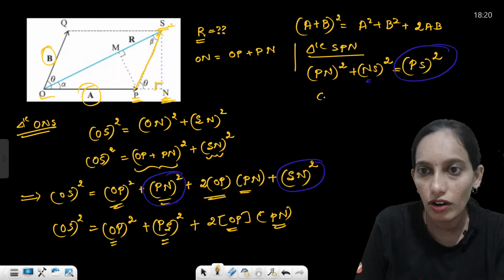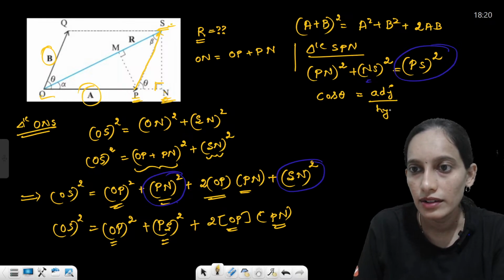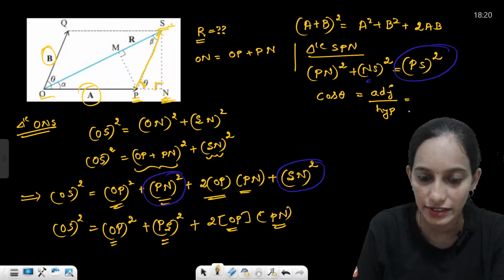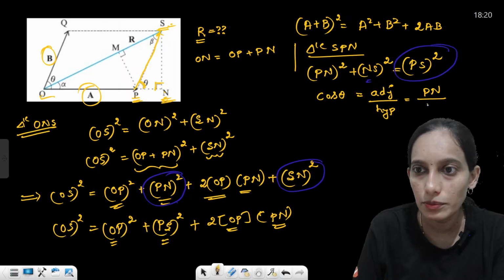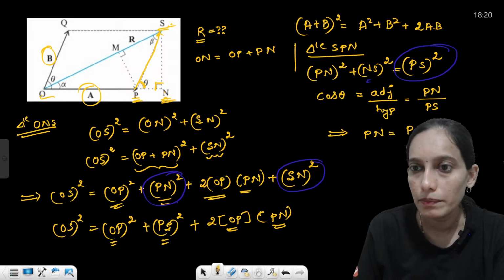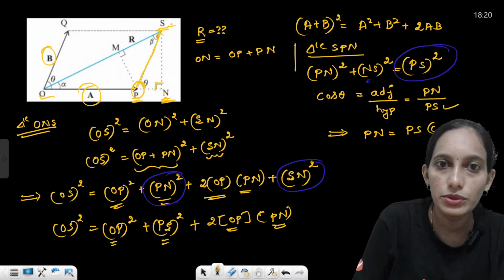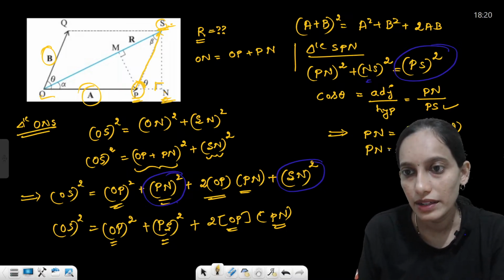Writing cos theta as adjacent by hypotenuse: theta is here, PN is the adjacent side, and the hypotenuse is PS. So PN can be substituted as PS cos theta. But PS is nothing but B vector, so I can say PN is B cos theta.